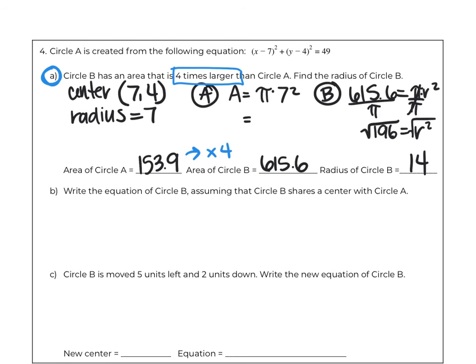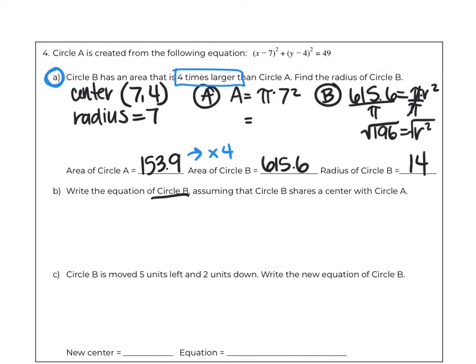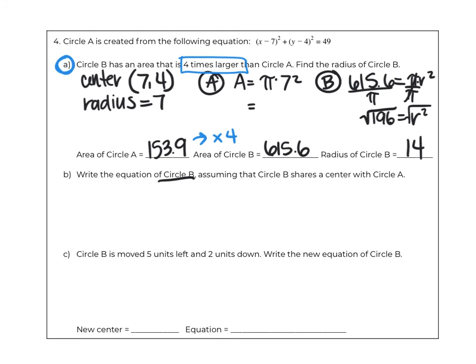Okay, B, write the equation of circle B, assuming this circle B shares a center with A. So let's go ahead and do 2 minutes. I want you to finish B and C. Raise your hand when you're done. Okay, if circle B shares a center with A, which side of the equation am I going to keep the same? The left.